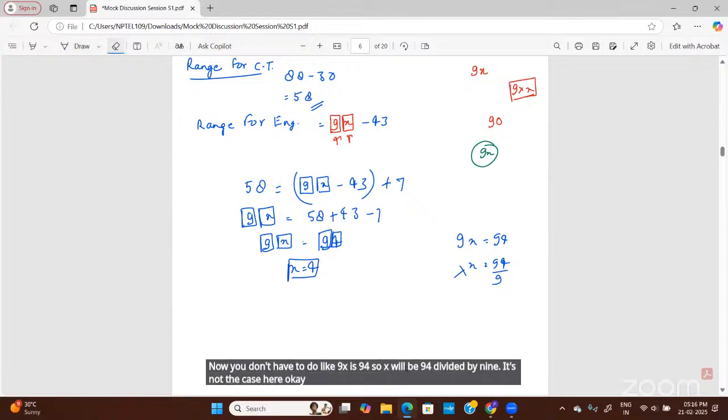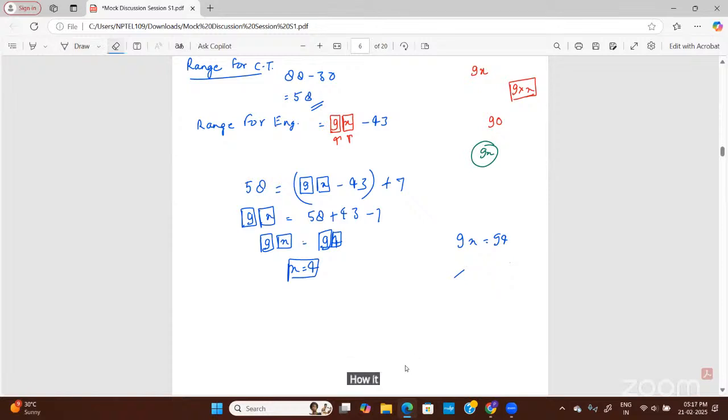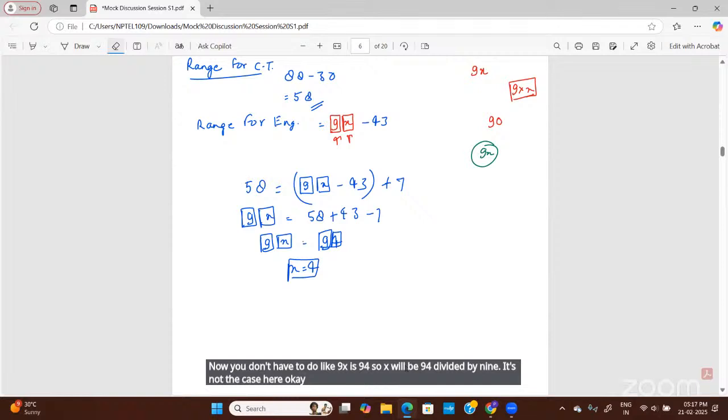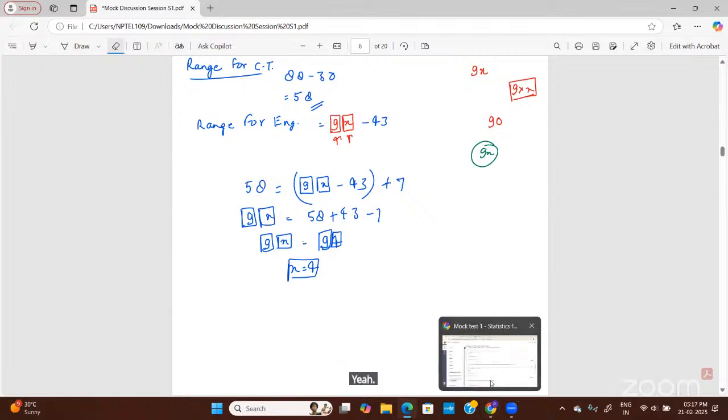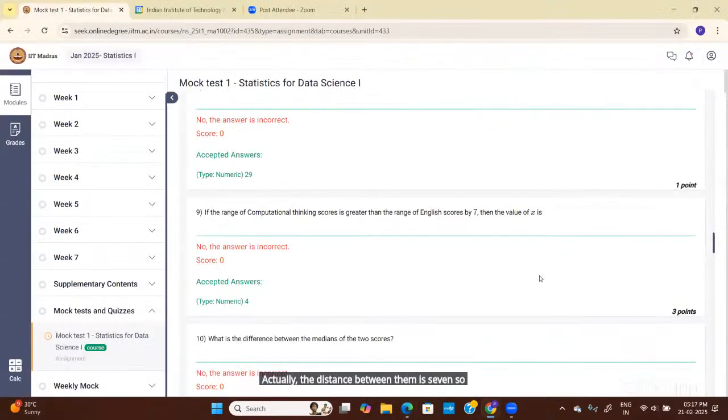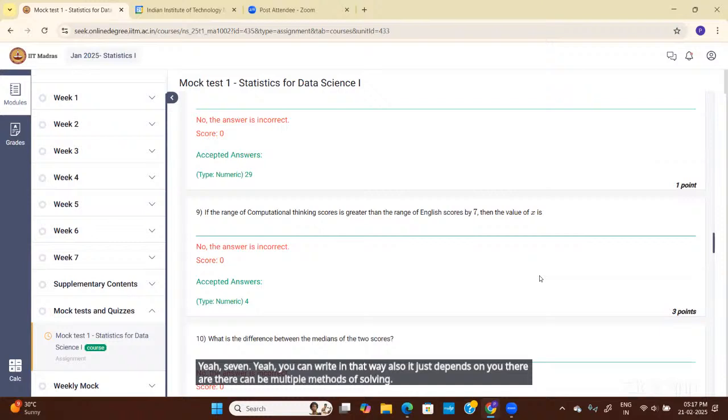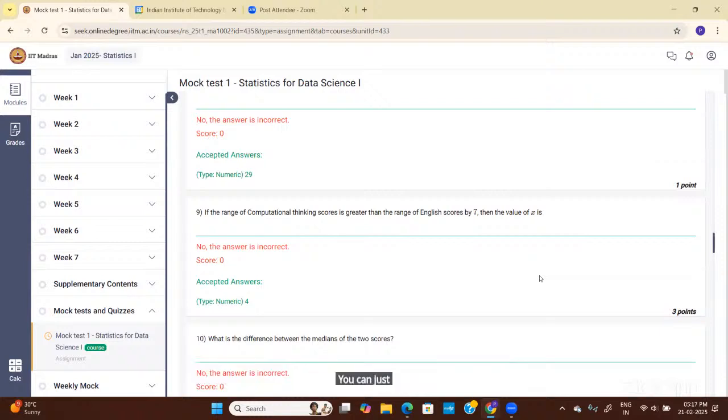Ma'am, how did the 7 come? Actually, the distance between them is 7. You can write it in that way also. It just depends on you. There can be multiple methods of solving. You can just write 58, the range of CT minus the range of English, will be equal to 7.